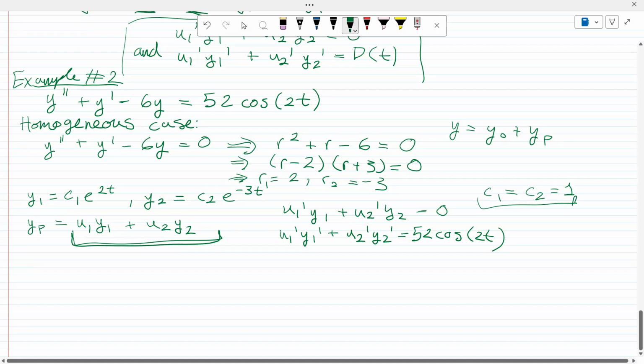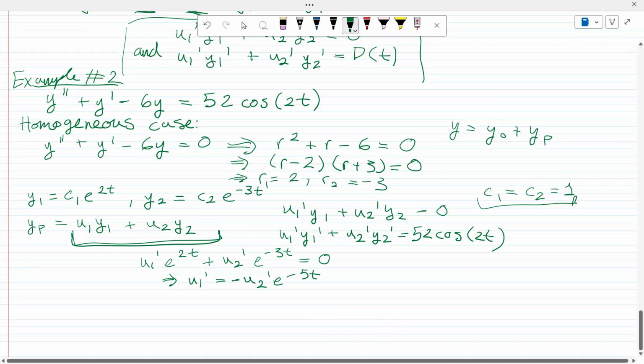So because of that, we get that u1 prime e to the 2t plus u2 prime e to the negative 3t is equal to 0. So that would imply that u1 prime is equal to negative u2 prime e to the negative 5t. Okay, so this is just using some algebra.